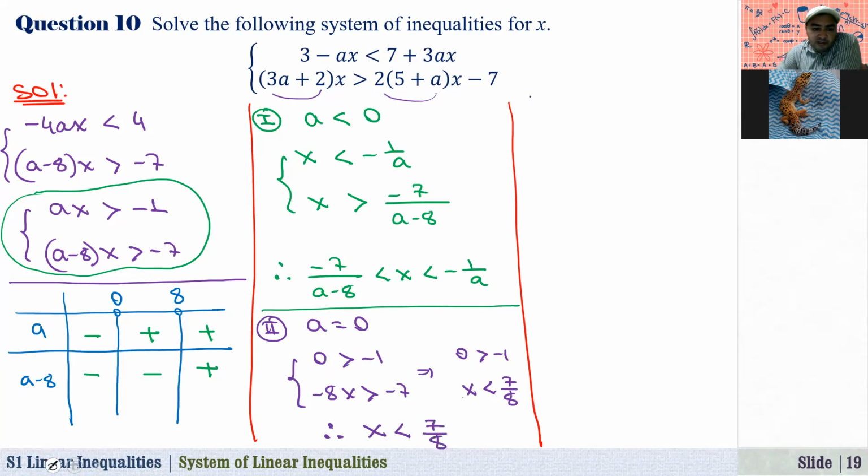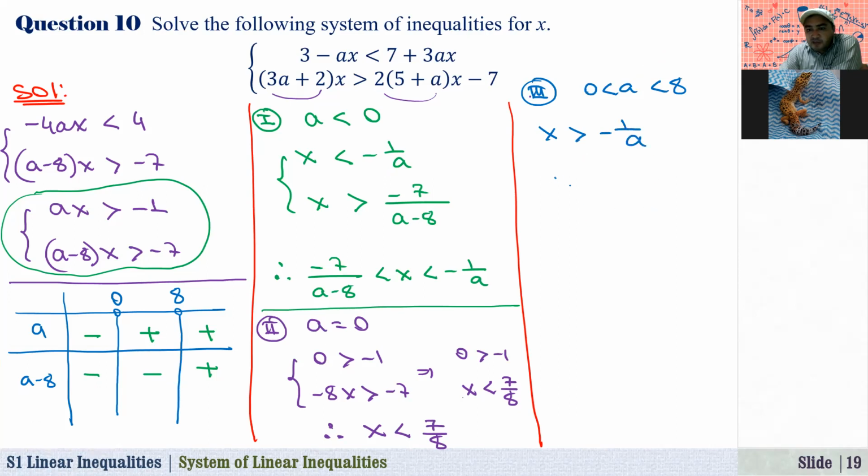And how about the third case? Third case here is a between 0 and 8. So 0 less than a less than 8. At that time, actually, a is positive, a minus 8 is negative. A is positive, so the first inequality will be x is greater than minus 1 over a.